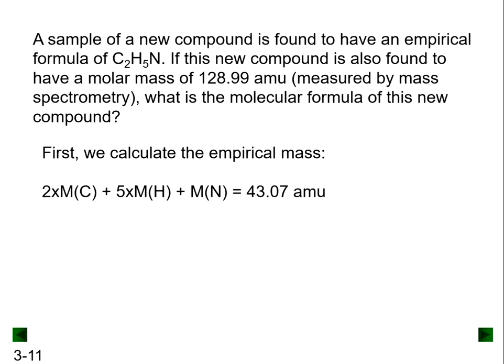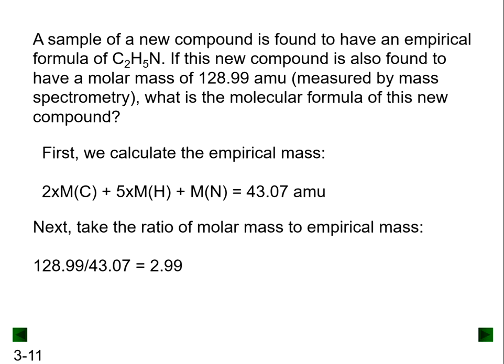Now, based on that number and the molar mass that we found from mass spectrometry for the entire system, we can take that ratio and we find out that the true compound actually has 2.99, which is very close to 3 units of C2H5N.